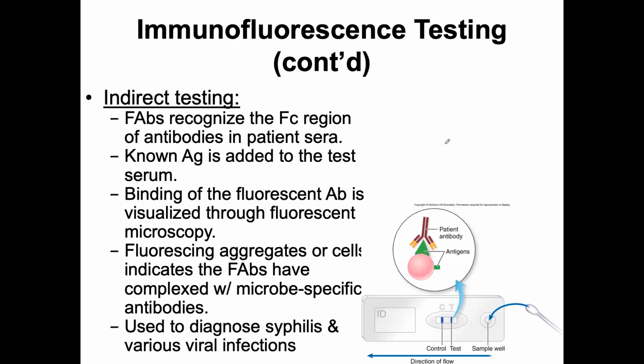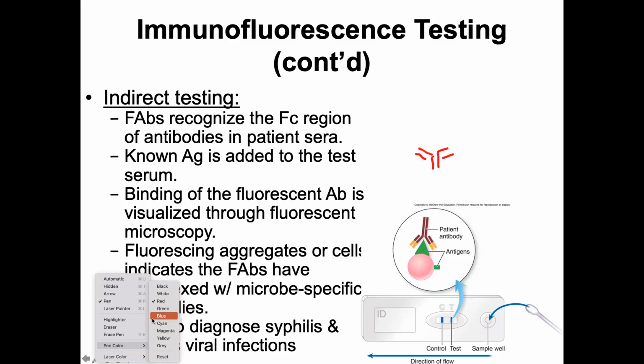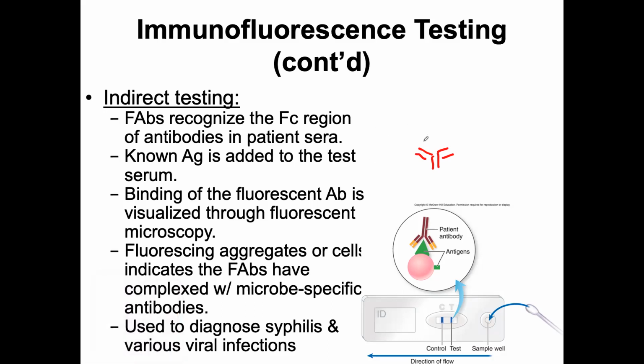So the idea here is that you have patient antibody. We'll draw that down here, patient antibody in red. And then we have the antigen, and we'll do the other blue. So there's our antigen.